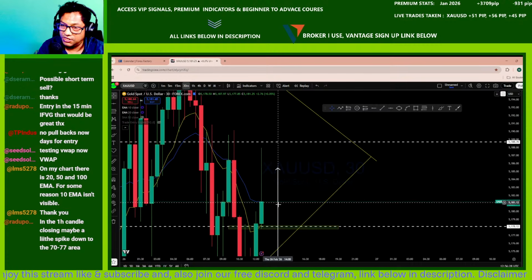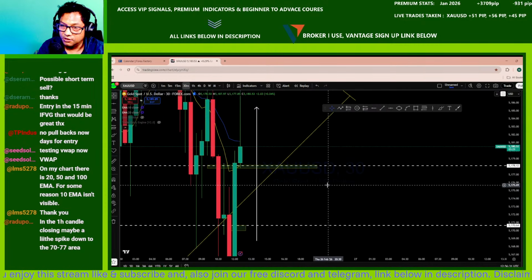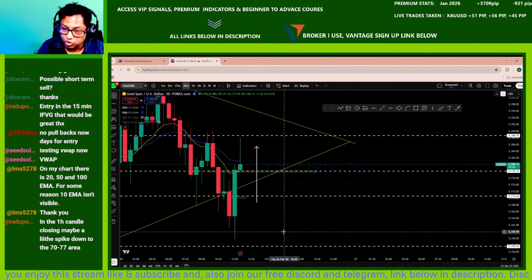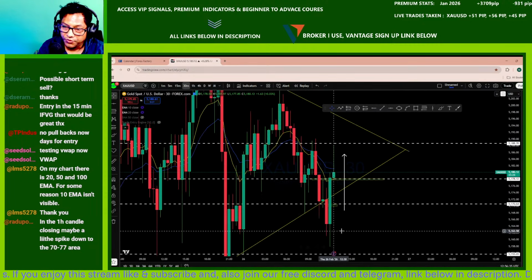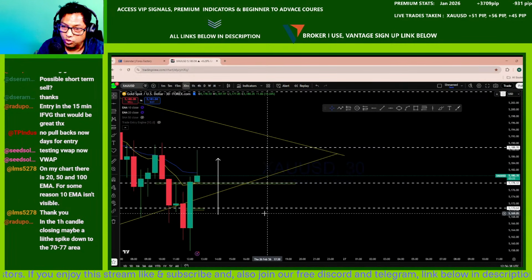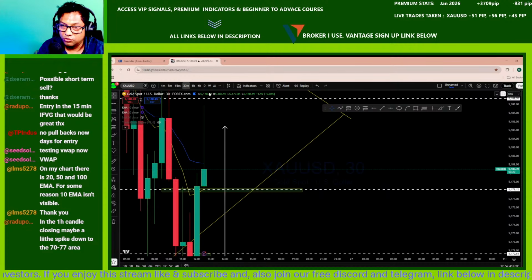This is the 30 minutes price action that you can see. This is one way. Another way is entirely to drop well below here, forming a double bottom, and then to reverse again back to the upside.